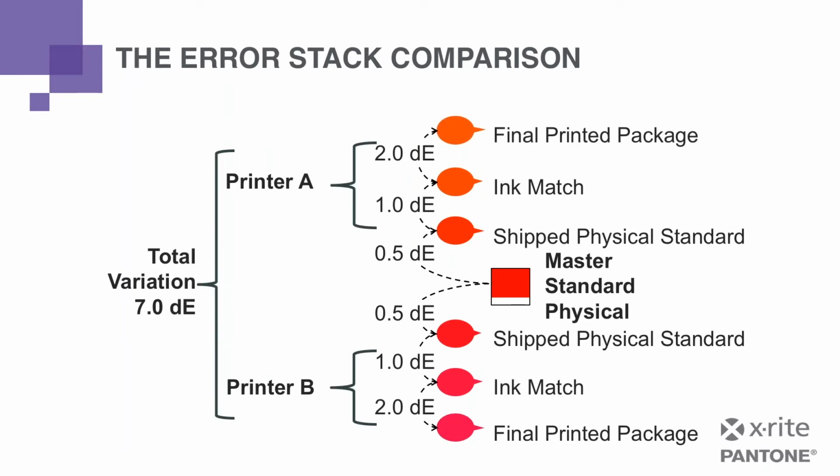And then we finally get on press and we run to a tolerance of a delta E of 2, and the final print package at printer A is within 2 of the ink match, and printer B is within 2 of the ink match. But all along the way, they've been moving further and further apart from each other, and now we end up with a very large delta E between printer A and printer B. If you go back and do a post-mortem and ask what happened, everyone along the way will say, I was in tolerance, I was within tolerance, I was within my tolerance.